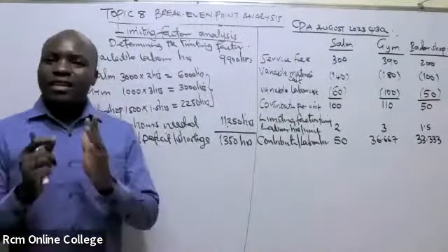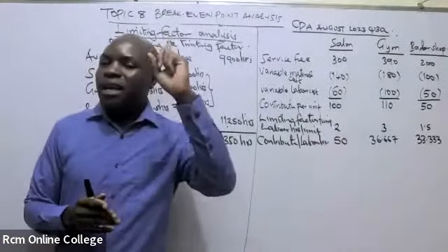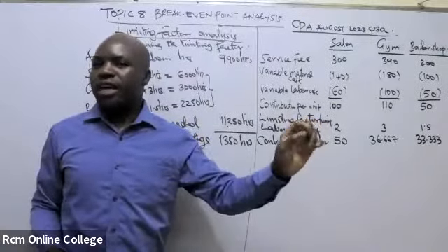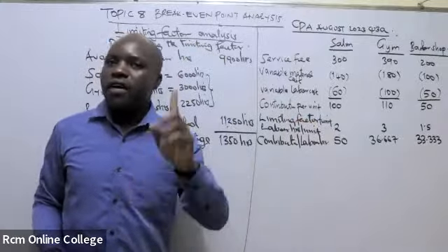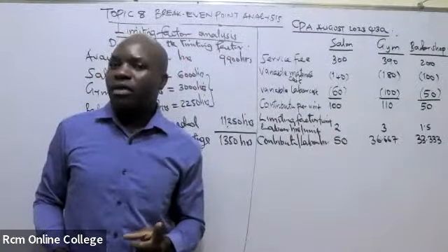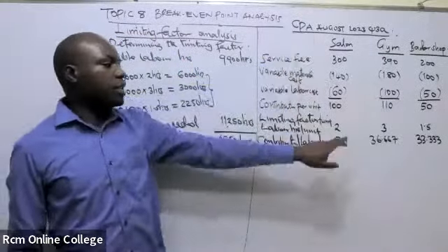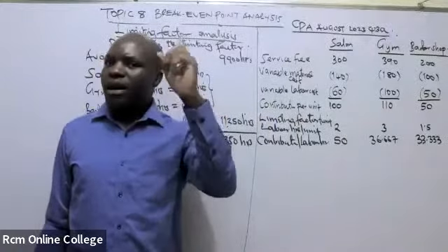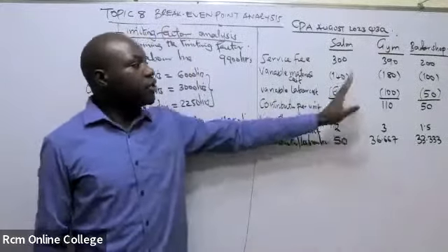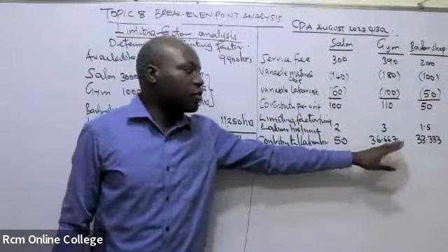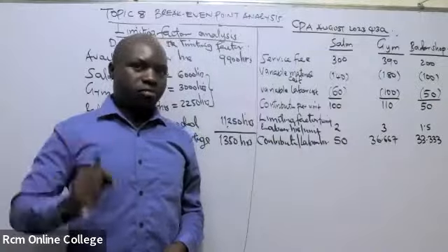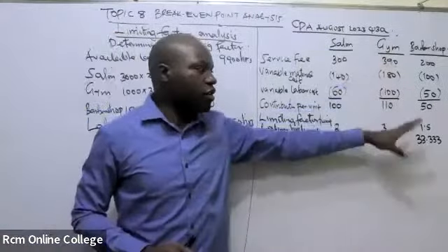If I convert all these to get the benefit per labor hour, so that we have a common unit, that is 1 labor hour: if I use 1 labor hour in the salon, I'll be getting 50 shillings as the benefit. If I use the same 1 labor hour in the gym, I'll be getting 36.667. If I take the same labor hour and use it in the barber shop, I'll be getting 33.333.